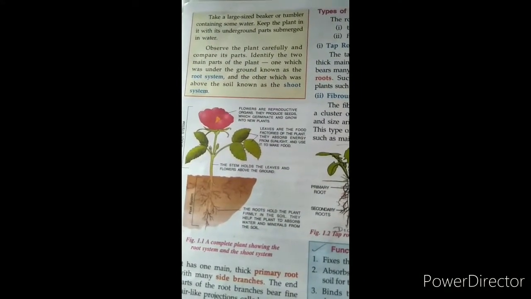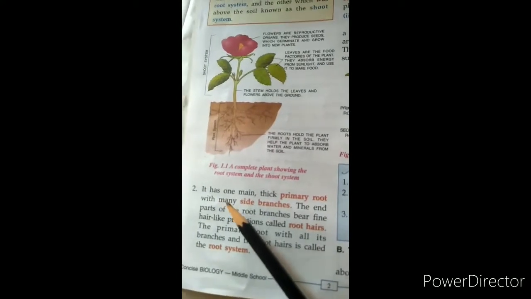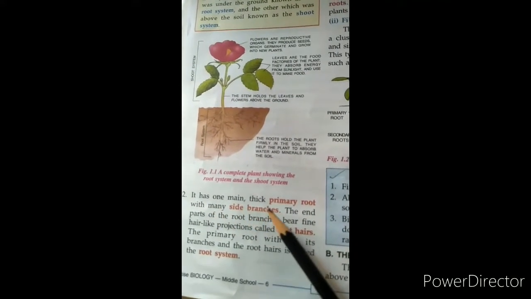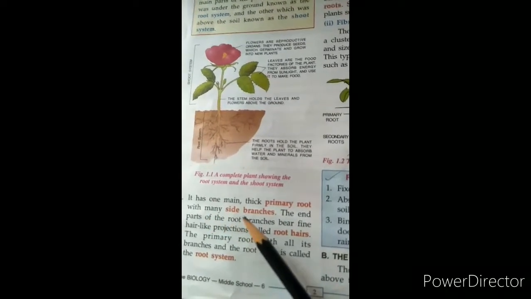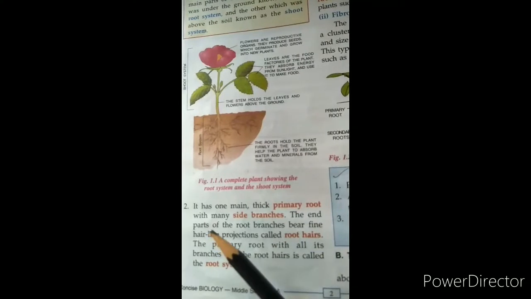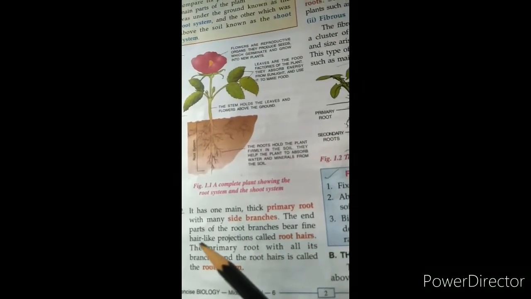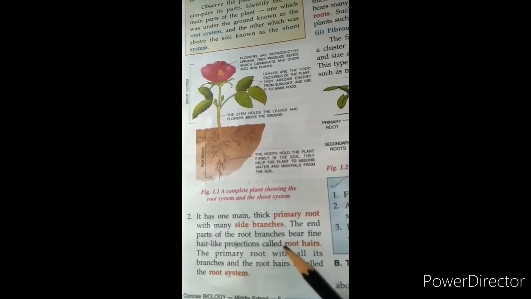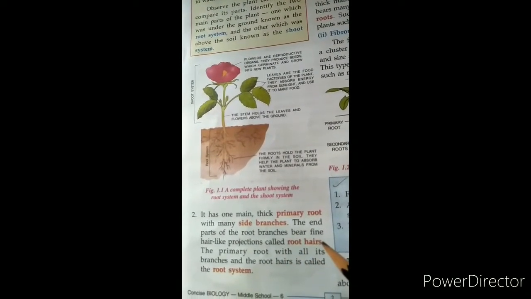So while having a look here at this particular page, we find that the root has one main thick primary root with many side branches. The end part of the root branches bear fine hair-like projections known as or called root hair.